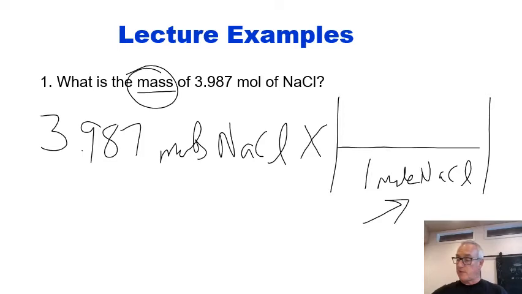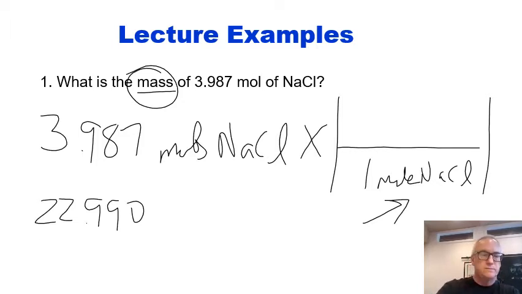So I do my calculation. We've done it before. I just look up what the mass of sodium is, and the mass of sodium on my periodic table is this. What's the mass of chlorine? The mass of chlorine on my periodic table is 35.453.